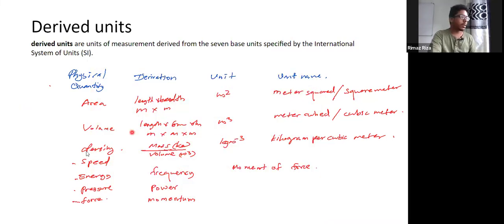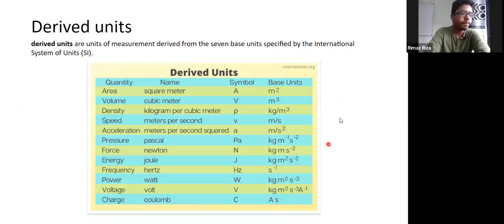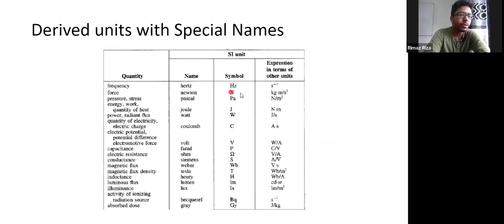Okay, then I'll clear this. And then deriving it with special names. Right? So, for example, frequency. Frequency is derived as 1 over seconds. So the SI unit symbol is hertz. So it has a special name, right? These are the special names: hertz, Newton, Pascal, Joule, Watt.